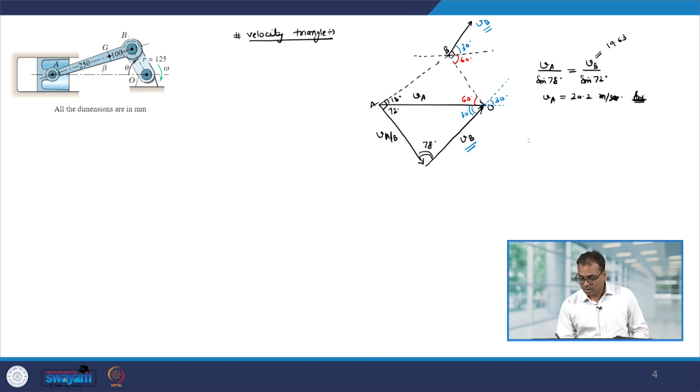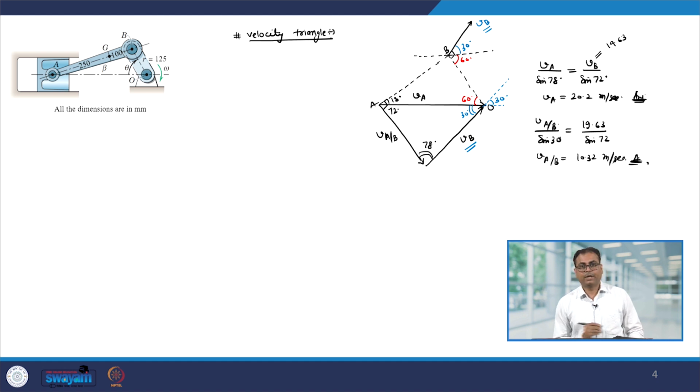Okay. Now, we can also use VAB divided by sine 30 degree equal to 19.63 divided by sine 72 degree, and that gives me VAB equal to 10.32 meter per second.